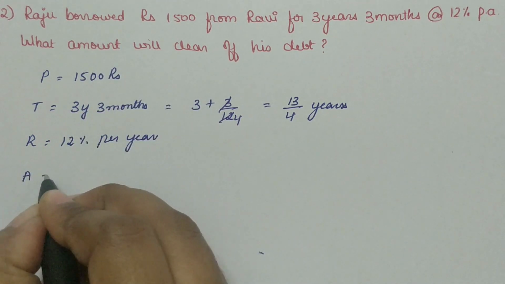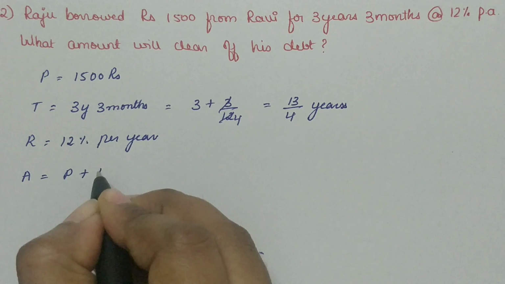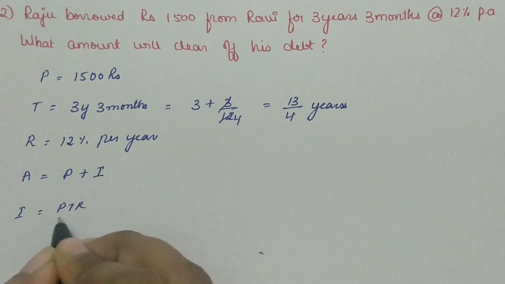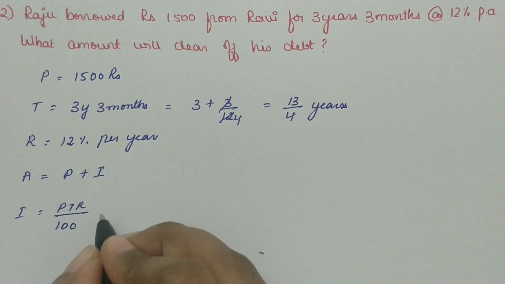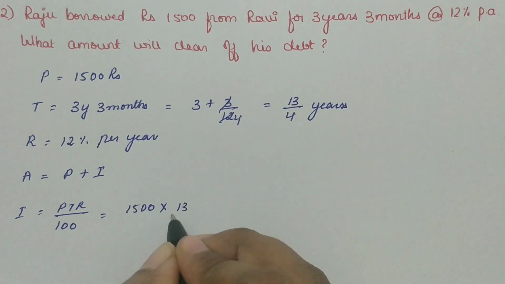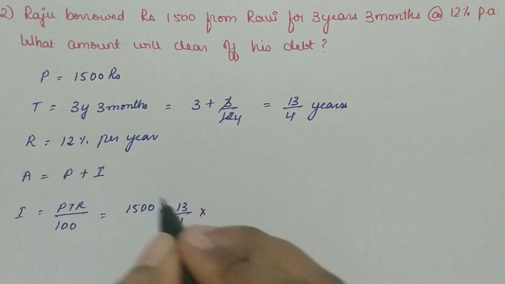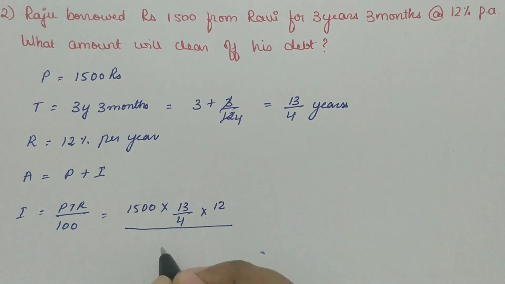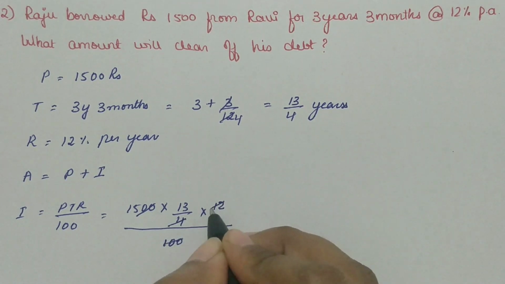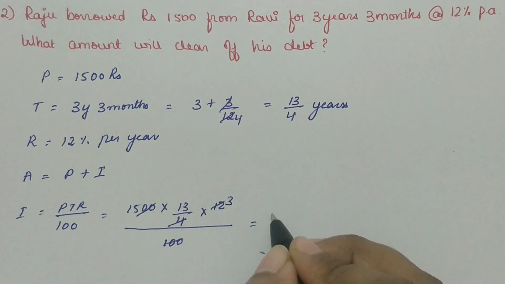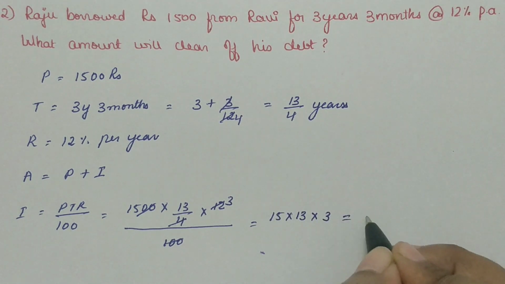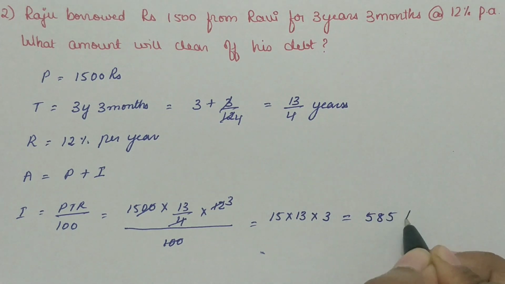Amount equal to principal plus interest, and interest equal to PTR by 100 equal to 1500 into 13 by 4 into 12 by 100. 100 15 times, 4 3 times, equal to 15 into 13 into 3 equal to 585 rupees.